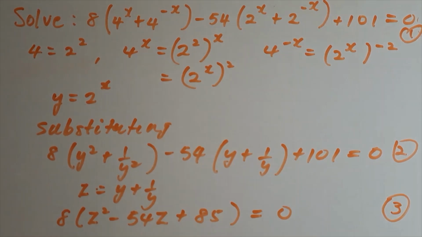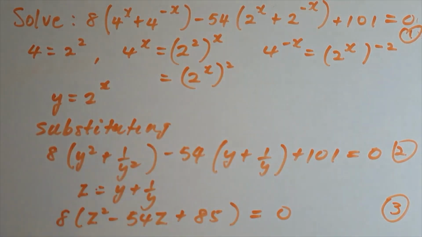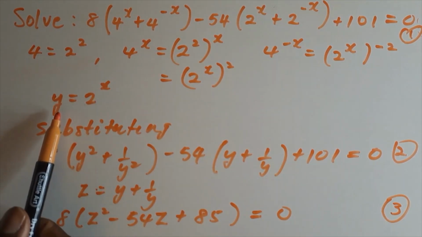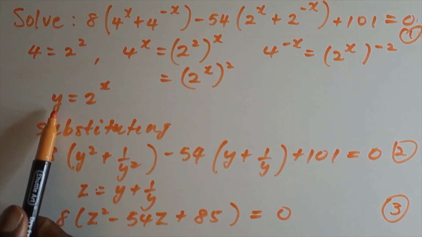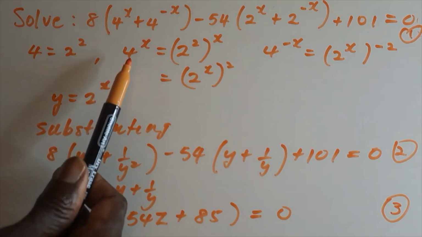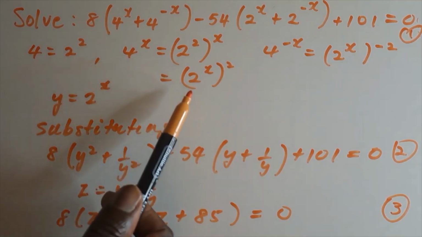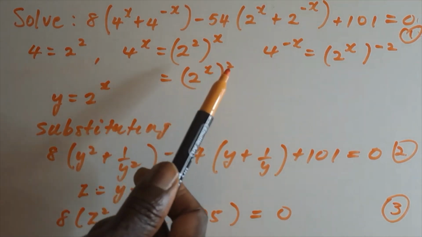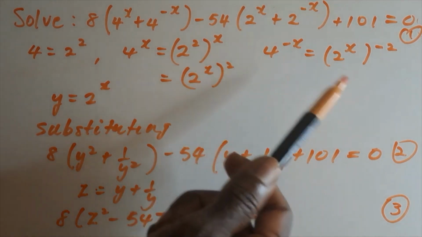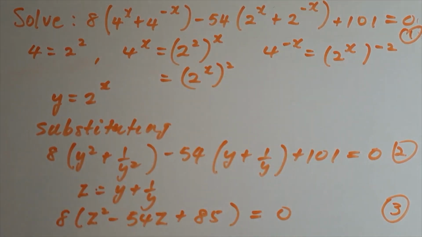Just to recap what we've done, we started off here with the original equation, and I've showed you here how I arrived at the substitution y is equal to 2 raised to the power of x, simply because we can write 4 to the x as 2 to the x all squared, and 4 to the minus x written as 2 to the x raised to the minus 2.